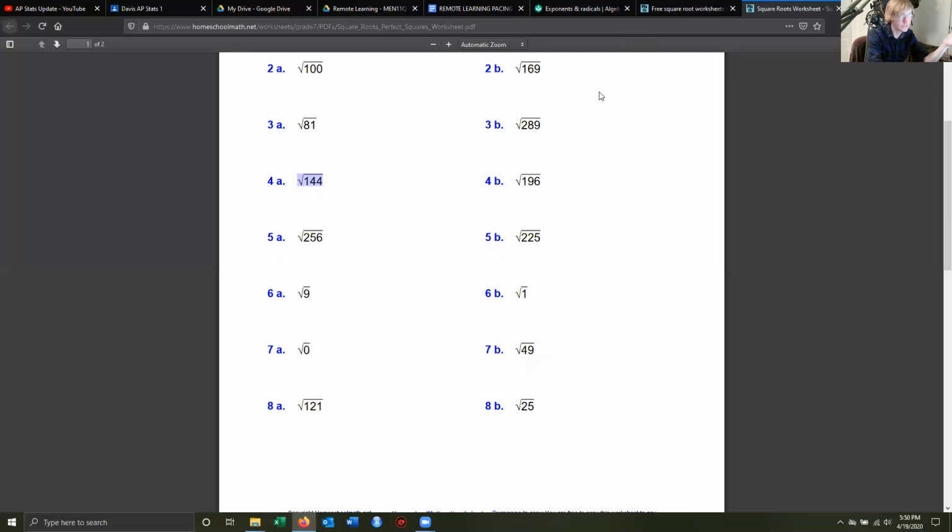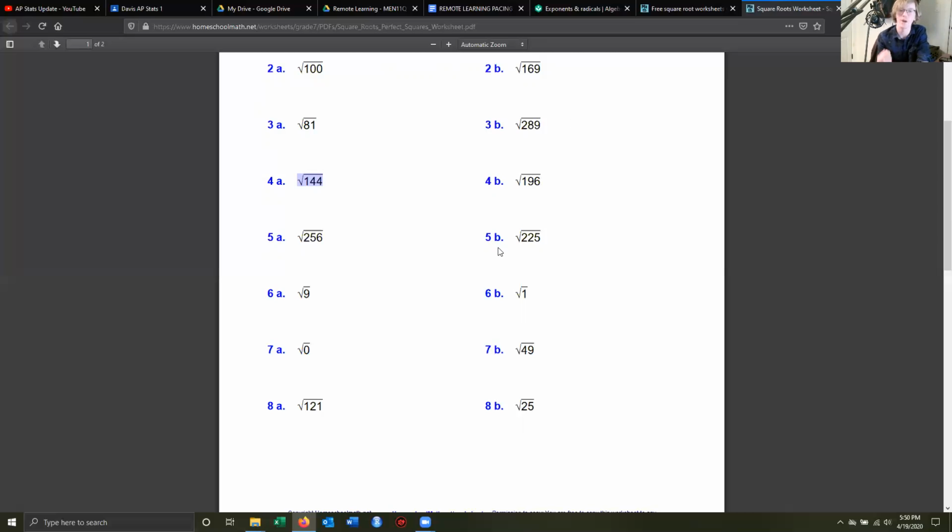Now, a non-perfect square root is a number that when you try to take the square root of it, there isn't some whole number that you can multiply by itself to get that product. So for example, if I said, what's the square root of 13? Well, I don't know. I'd need to use a calculator to figure that out because there isn't some clear, easy whole number.